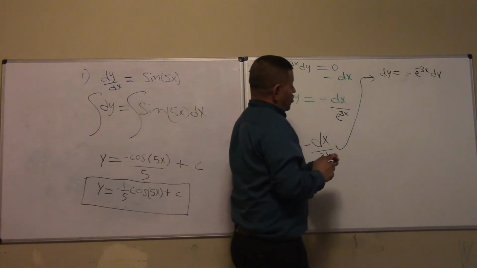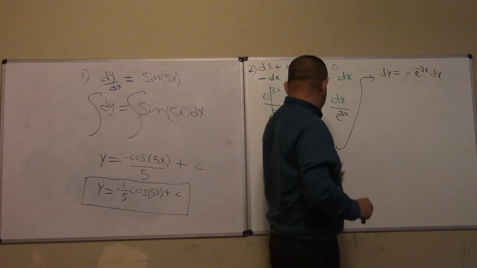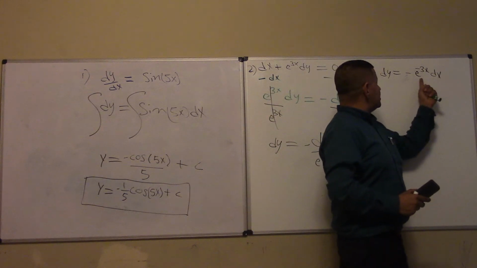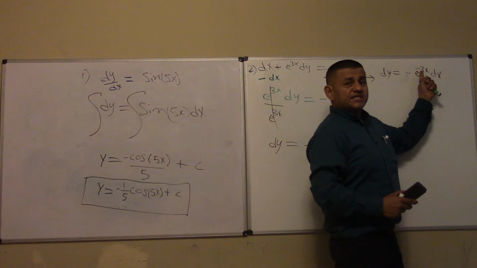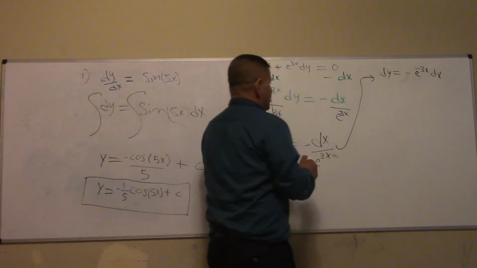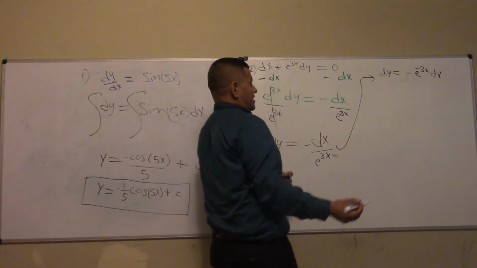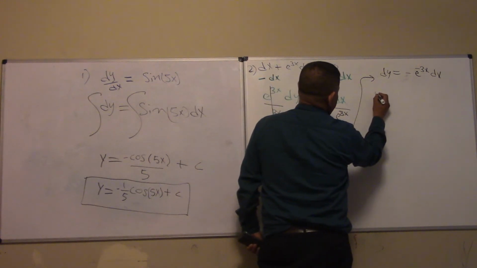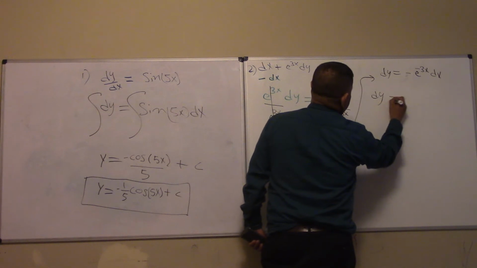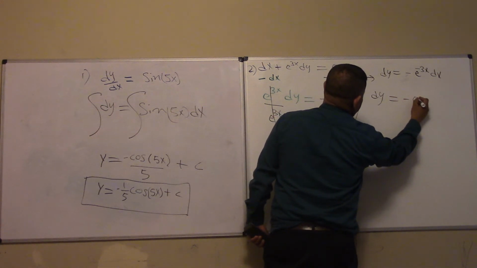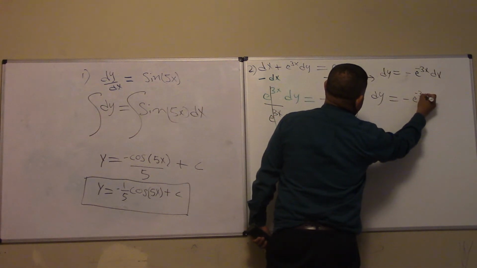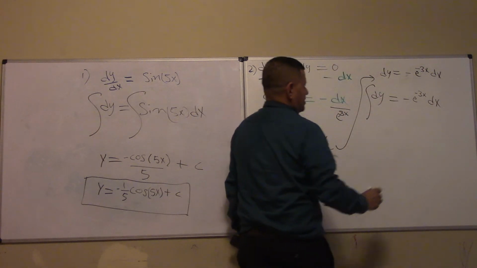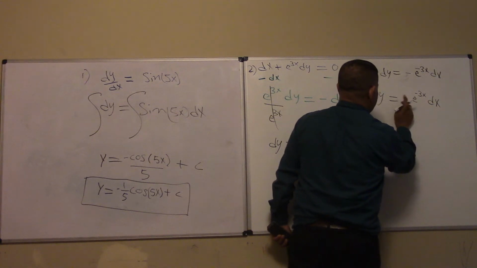What I did was I brought that up, and when I brought that up, the exponent becomes negative. So now I can do the rest of the problem. I can integrate on both sides. Just rewrite it here: dy equal to negative e to the negative 3x dx, and I integrate on both sides.